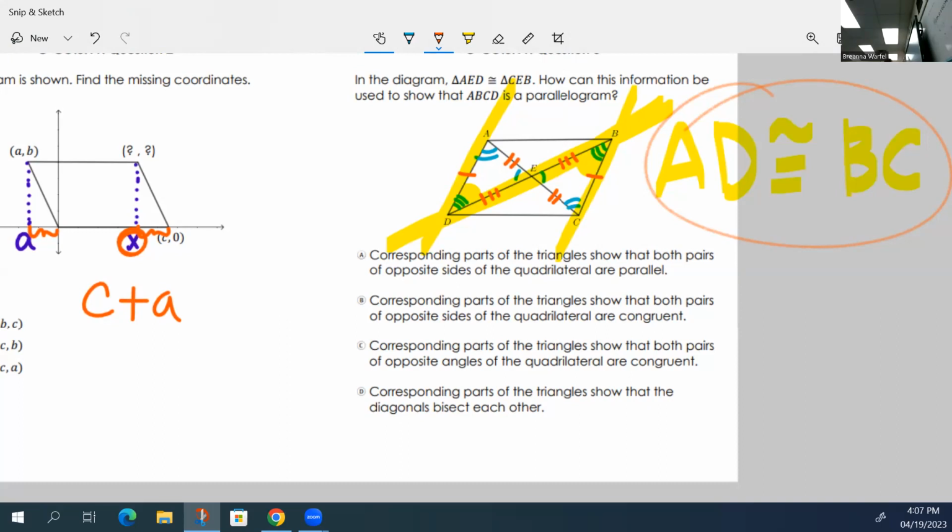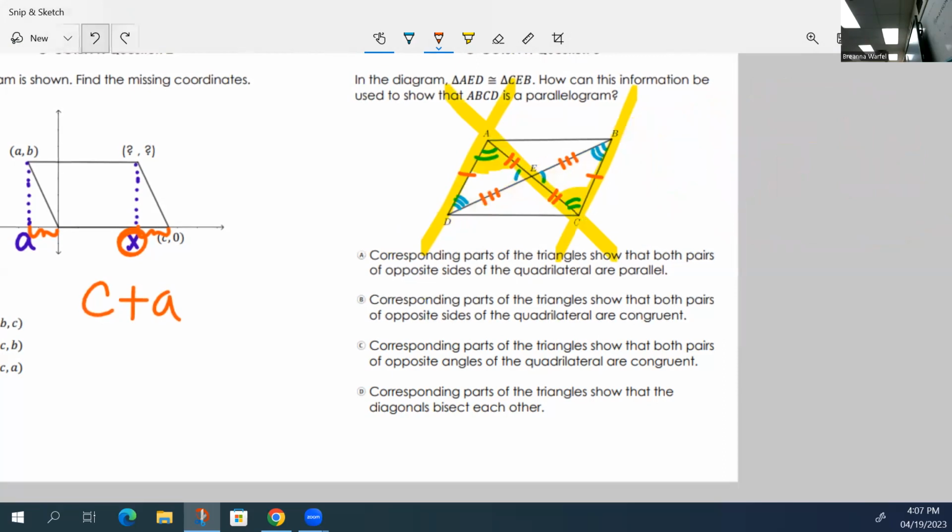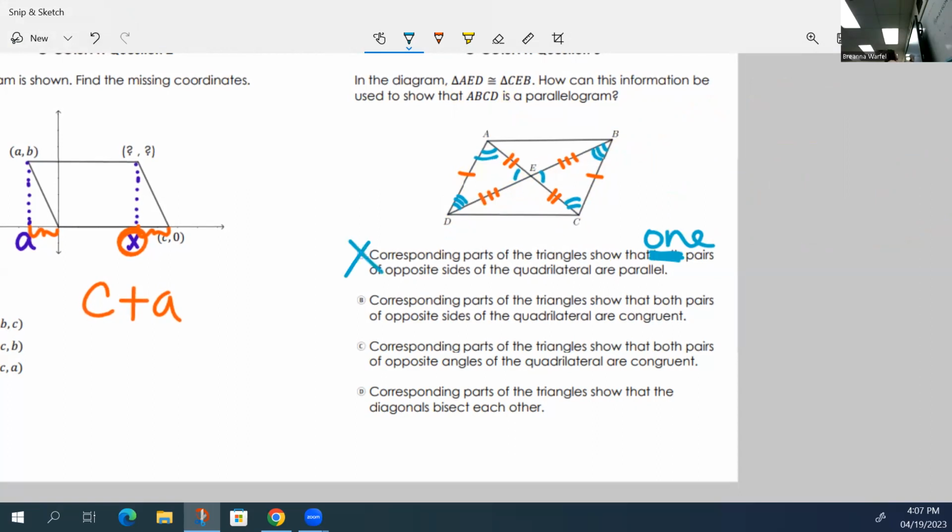So the problem with part A, let's go through all this. Sorry. The problem with part A is it's not both, it's one. So that's why A is out. It only proves that AD is parallel to BC, not the other part.